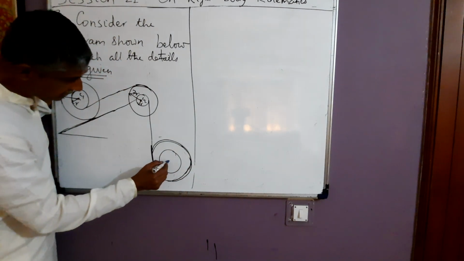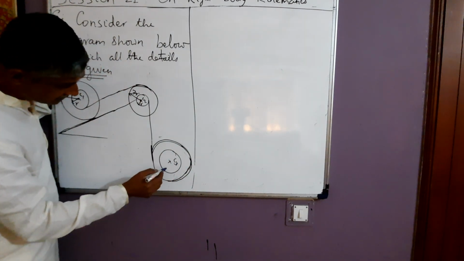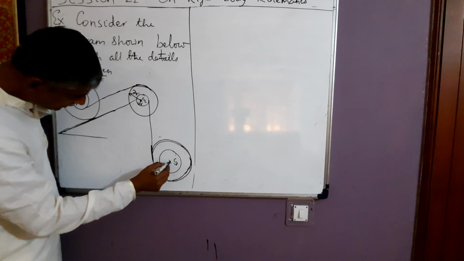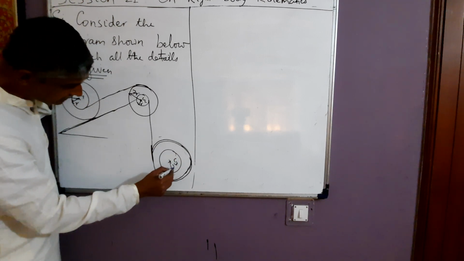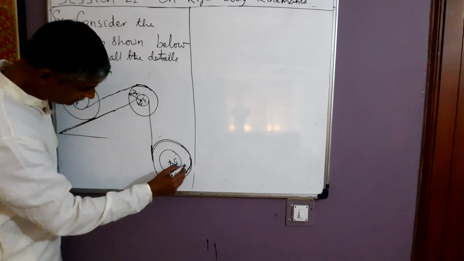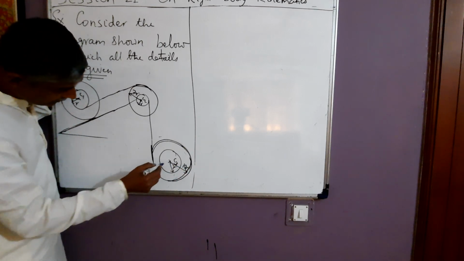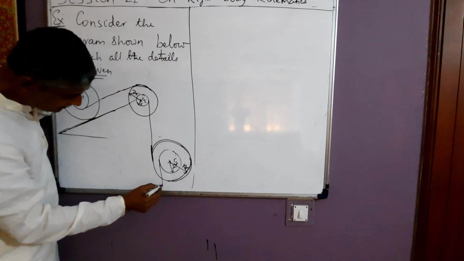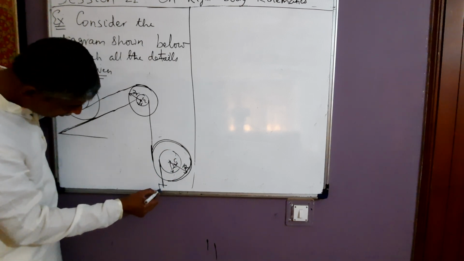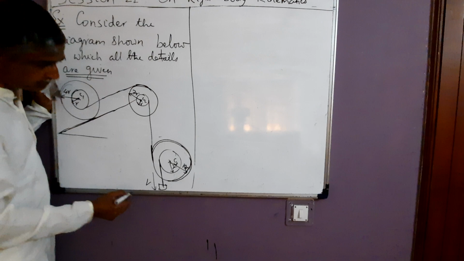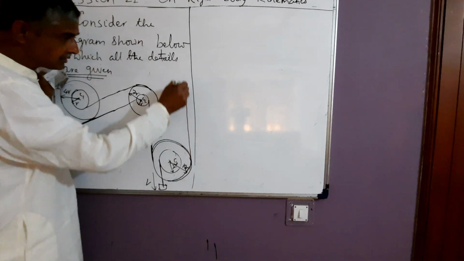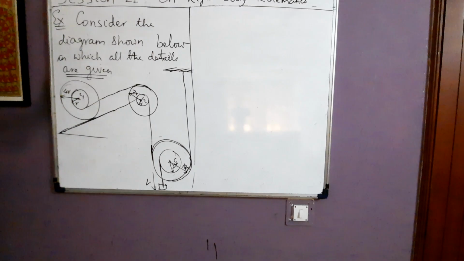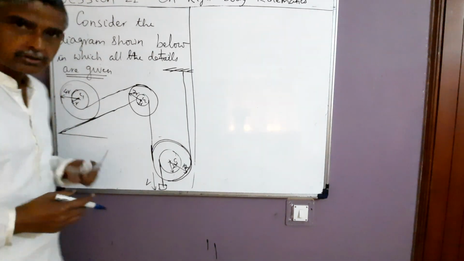This is another double cylinder whose center is C3, and a string is folded on the inner radius of this cylinder, which is R. Outer radius is 10R. And here an inextensible string is folded on the inner cylinder, and the string is continuous here, the block is here, moving downward at a speed V. This inextensible string is attached to a fixed ceiling like this. So this is the situation.